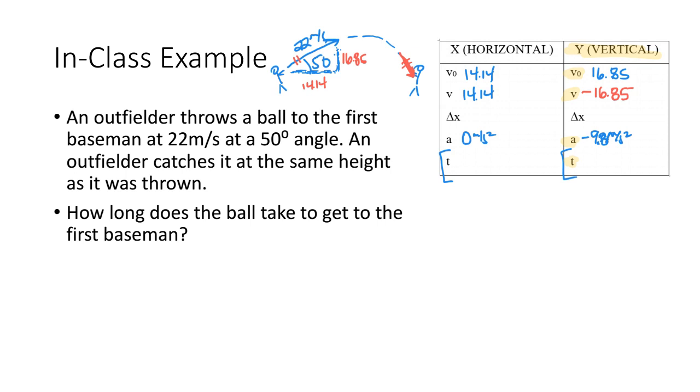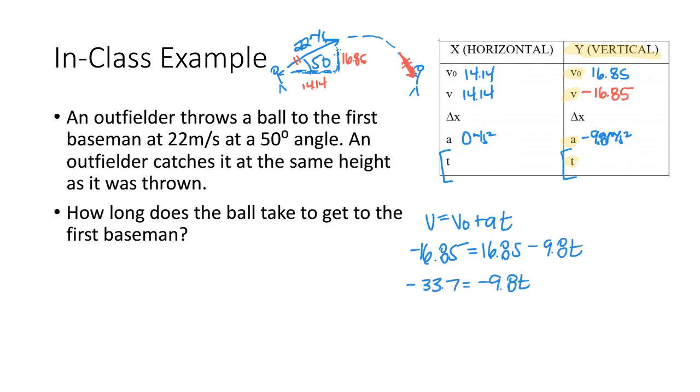So the equation I'm going to choose is this one. And I get a total time in the air of 3.44 seconds. There we go. We solved our first problem.